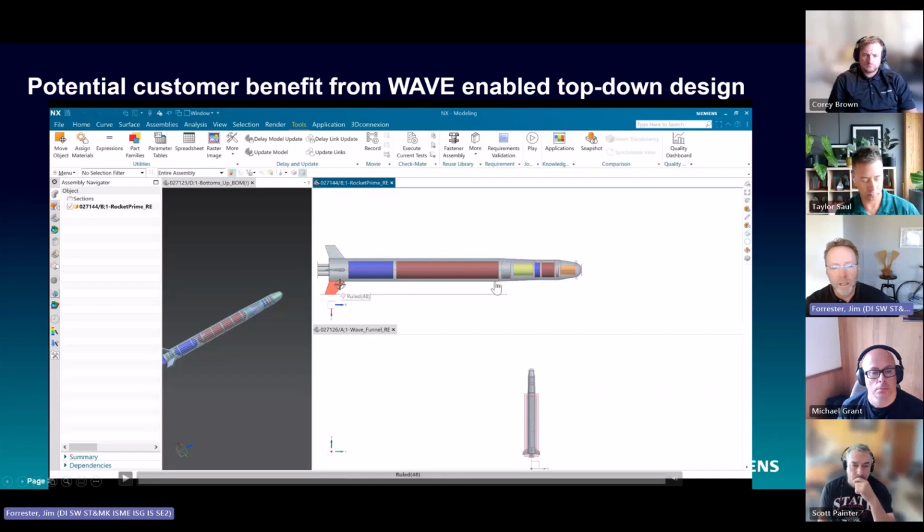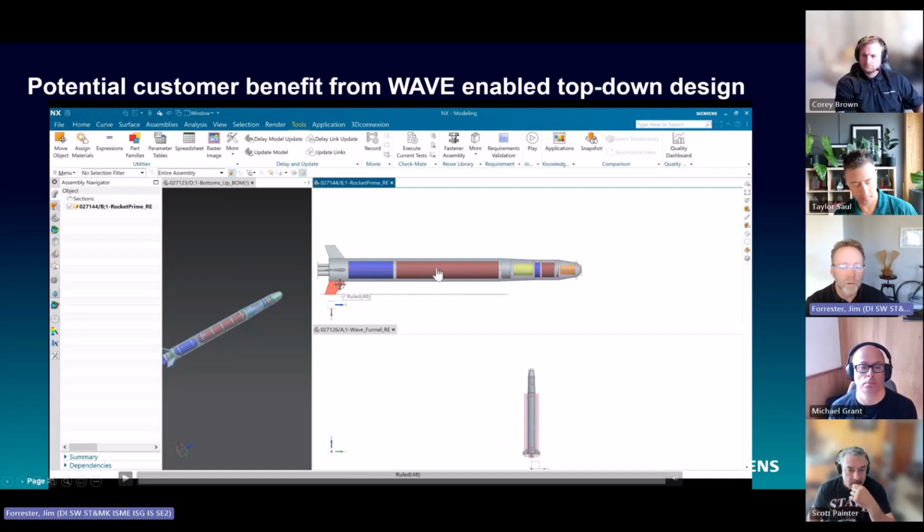He has the rocket aerodynamic shape here that's wrapped around these fuel tank and rocket space claims. He has design rules of thumb that resize the fuel and engine sizes based on a change in the component payload diameter and weight. And he propagates that through this top-down structure here.